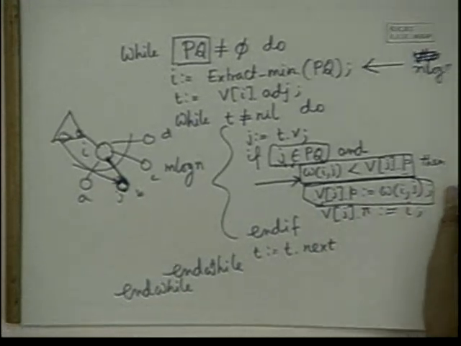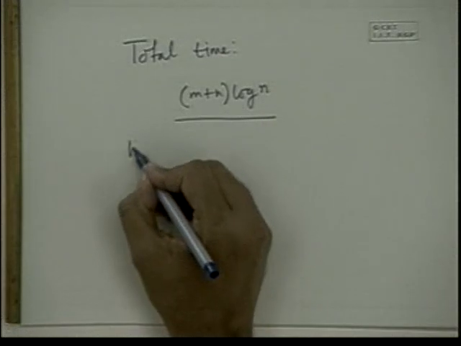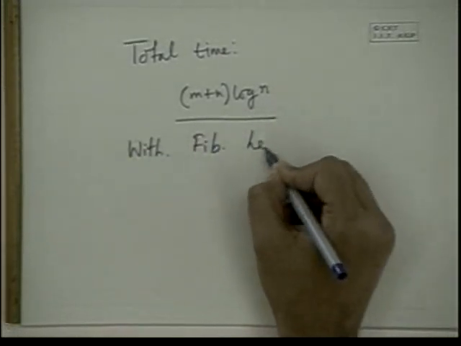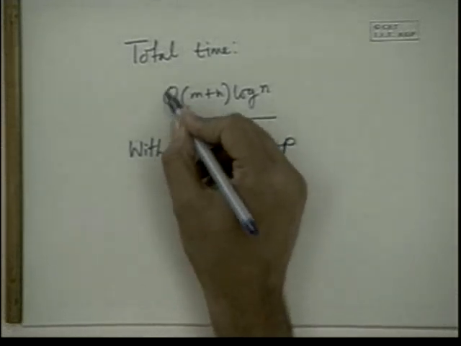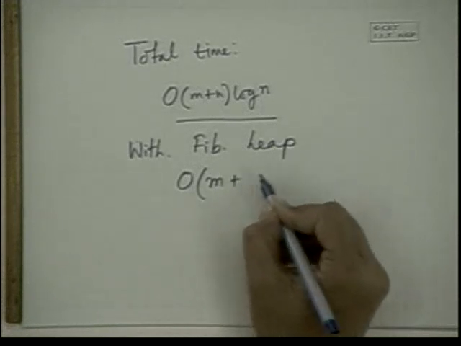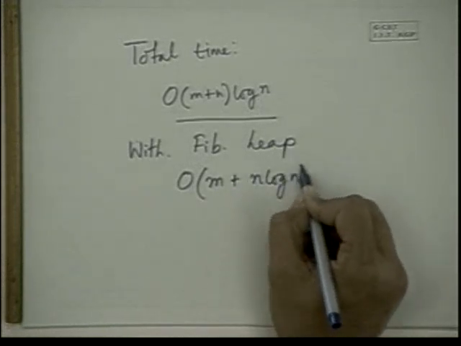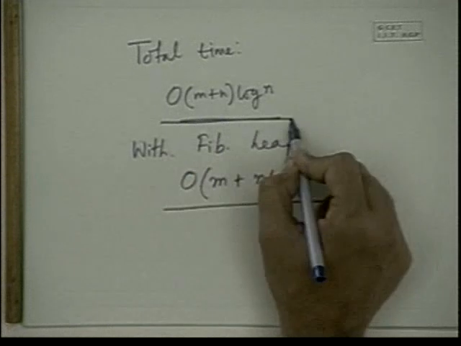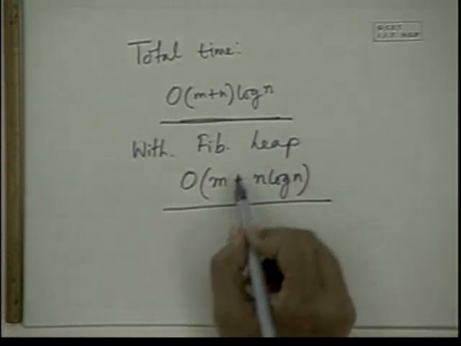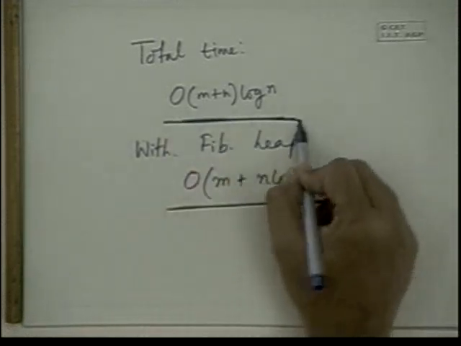So with a Fibonacci heap, the complexity becomes m plus n log n, and definitely this is better than the earlier complexity.